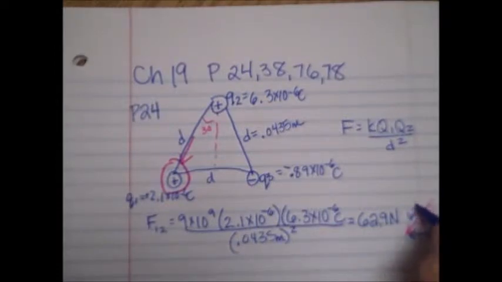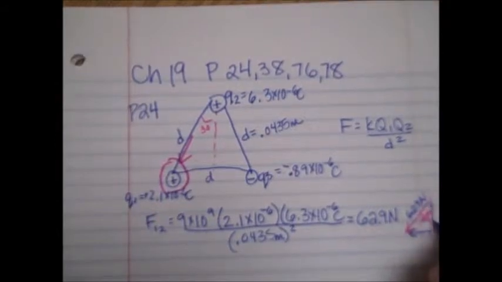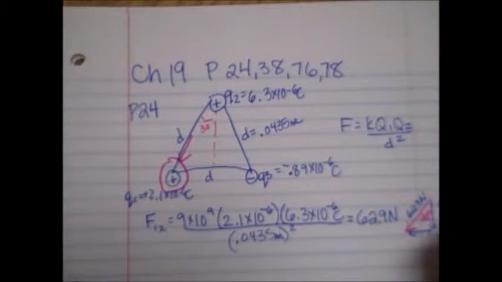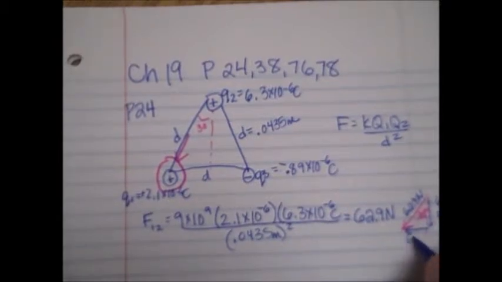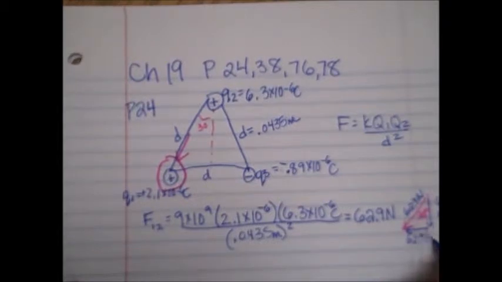This is 62.9 along the hypotenuse. This side would be 62.9 times cosine 30, which is 54.47, and this would be 62.9 times sine 30, which is 22.56 newtons.